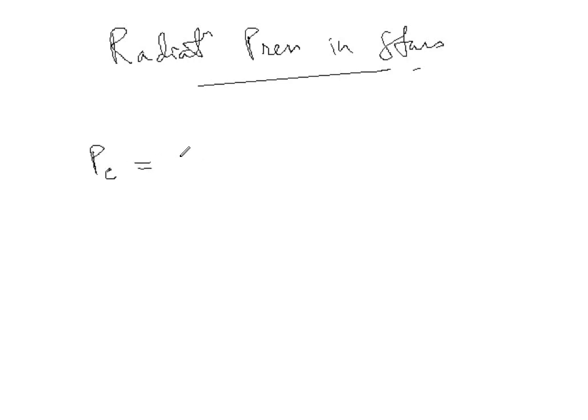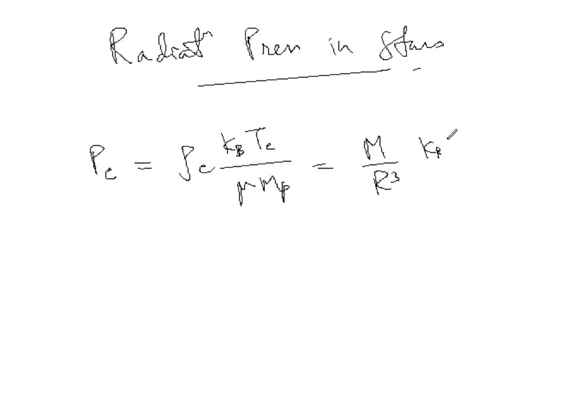So equation 68 was basically the central pressure, this expression, m by r cube, kb Tc divided by mu into mp. So this was equation 68, right?